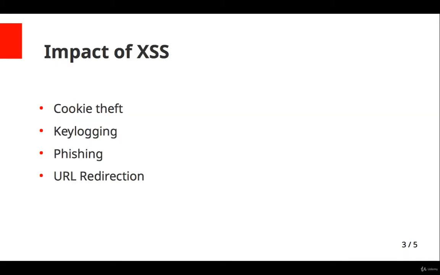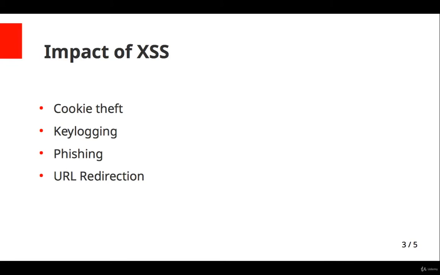Let's talk about the impact of cross-site scripting. Cross-site scripting can be used as a part of phishing attacks, URL redirections, as well as key logging, as well as cookie theft. In order to run malicious JavaScript code in a victim's browser, an attacker must first find a way to inject a payload into a web page that the victim visits.